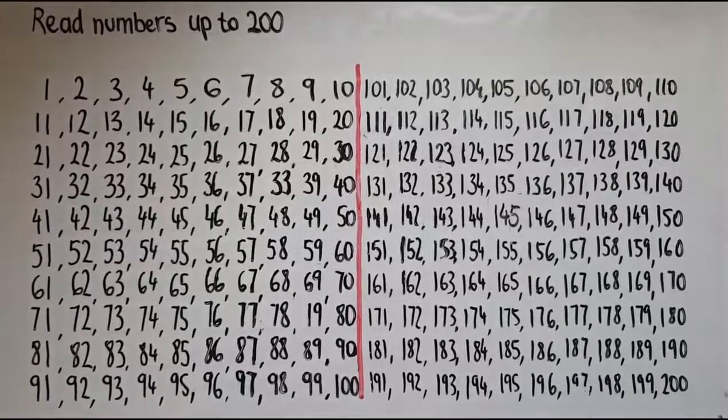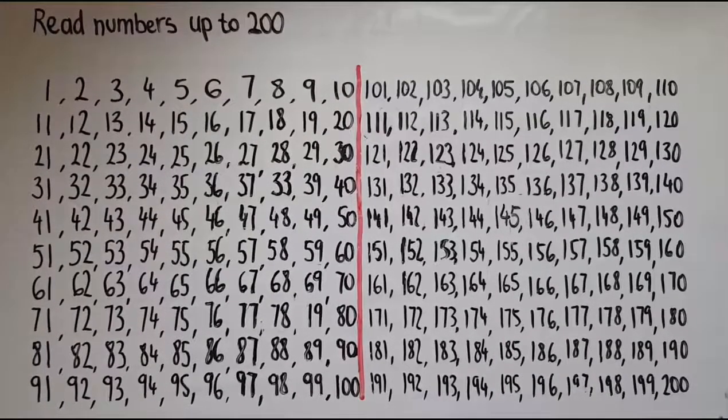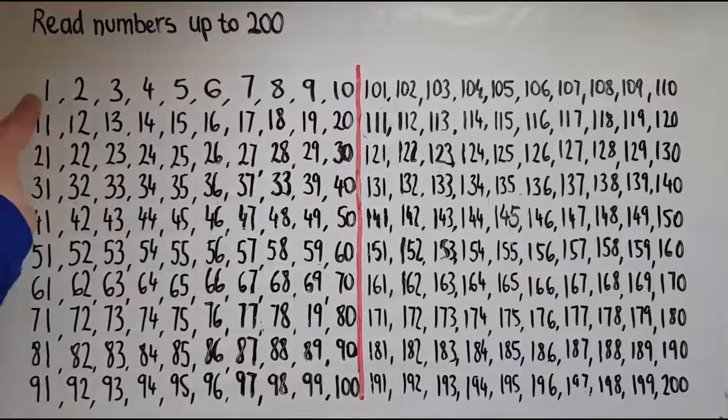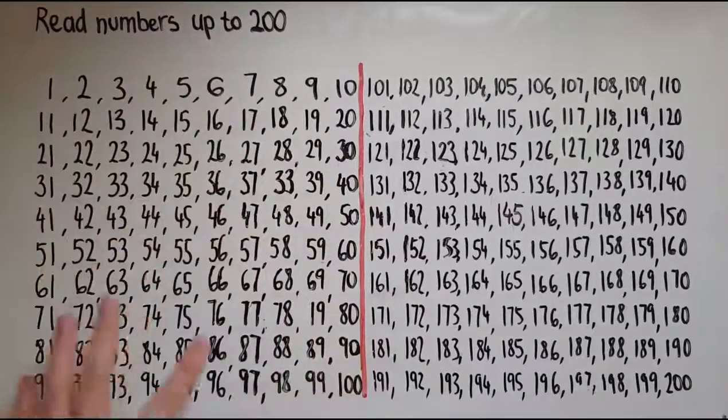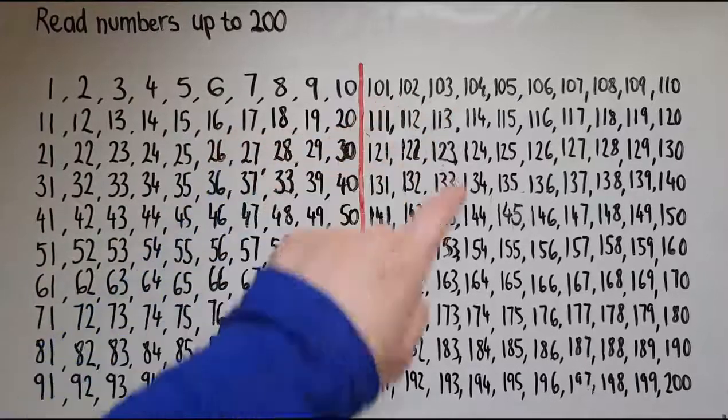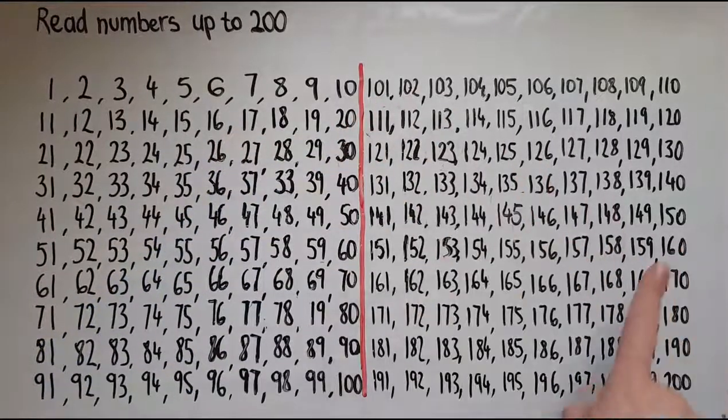In this video, we'll learn to read numbers up to 200. I've written down the numbers from 1 to 100 in this square, and from 101 to 200 in this square.